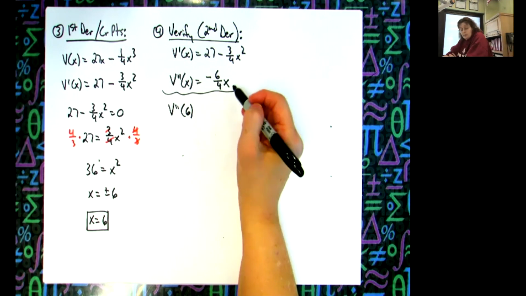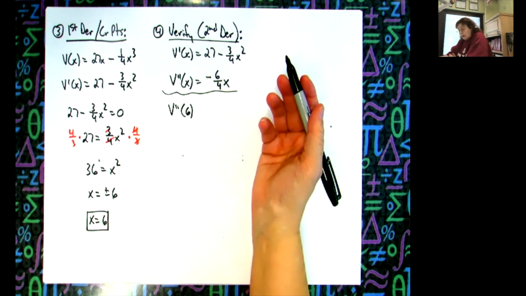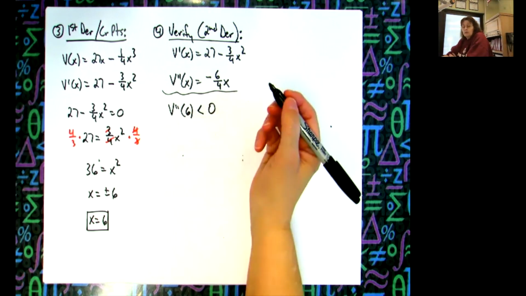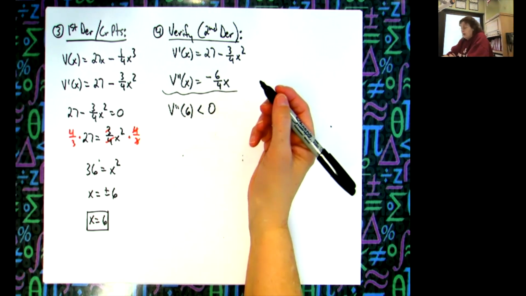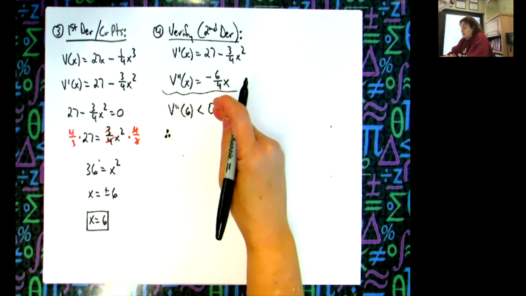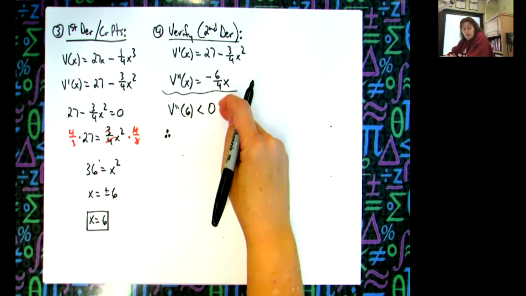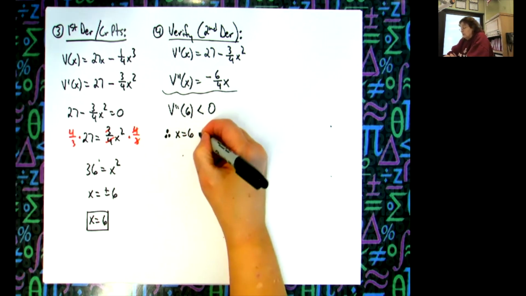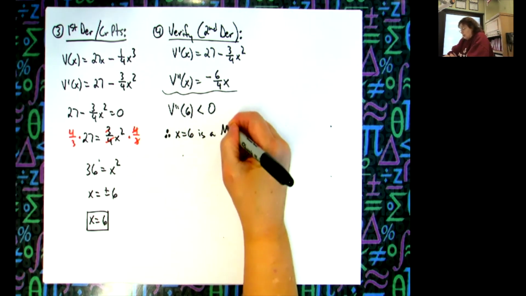Negative times positive is going to be negative. That's all I need to know. I don't need to know the exact value, but I know that it's less than 0. So that's the only thing I have to write. Therefore, when my second derivative is less than 0, it is a max, and I was trying to find a max. So x equals 6 is a max. I've got it verified there.